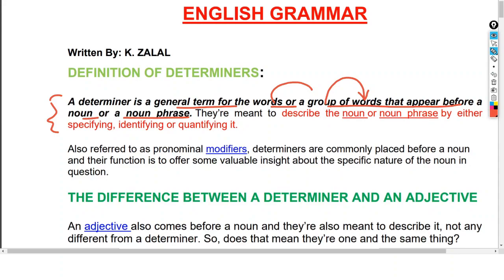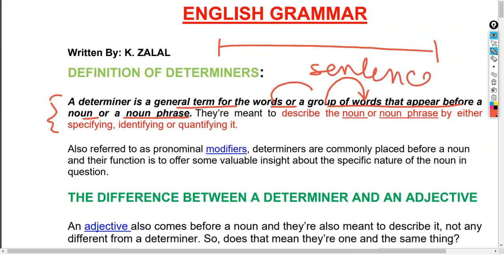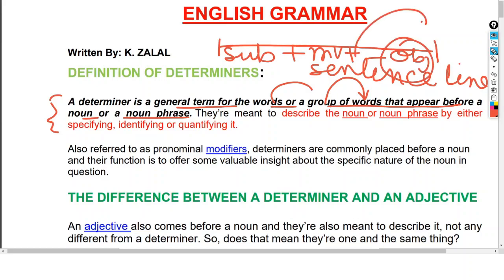What is the position of it? Suppose this is the sentence line. In the sentence line, what will be there in the beginning? There will be the subject. There will be the main verb. There will be the object, and in the object part, what will be there? There will be the predicate.